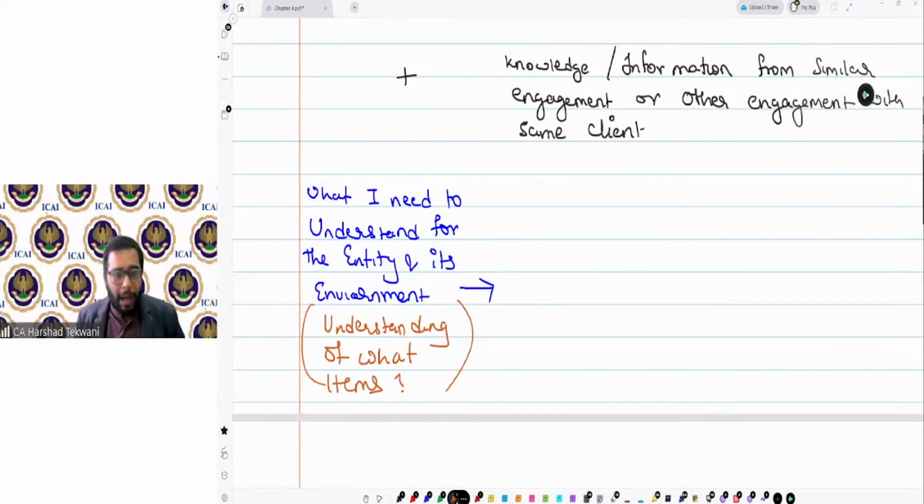Understanding of what? I can perform interviews, I can perform analytical procedures for risk assessment to understand the entity. But what I need to understand, I should know, na? Let's say, for example, you are going for an interview, but you should know what you need to ask. Otherwise, how can the other person provide you that information?